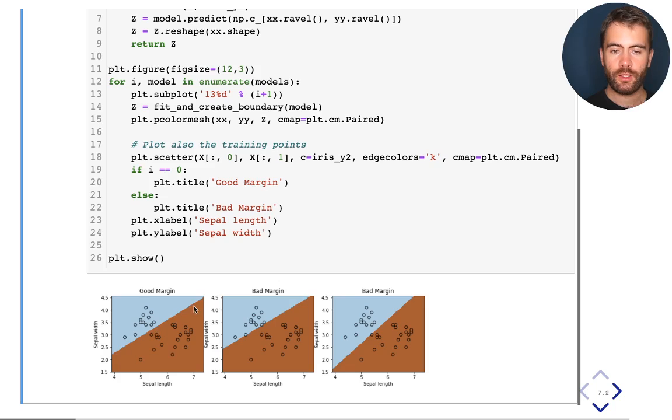Here on the left side, we have an example of a hyperplane that lies farther away from the data point and that has high margin.